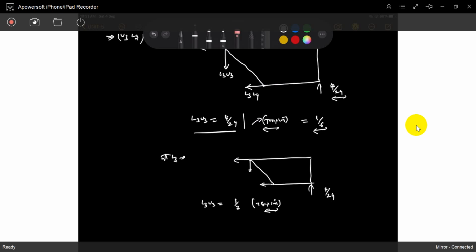So how is it varying? It is varying with respect to the V2 or VB.